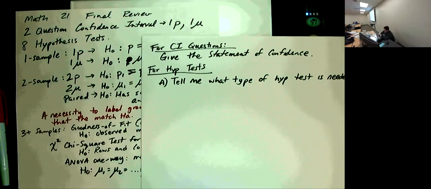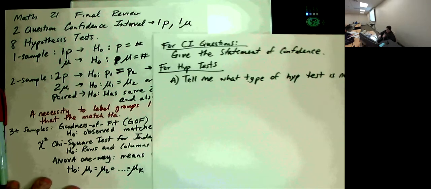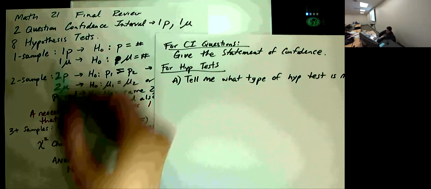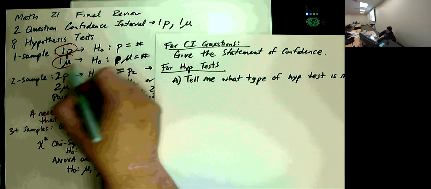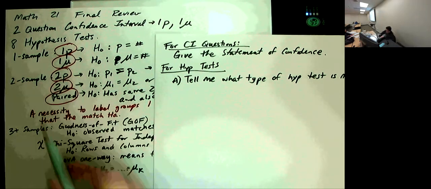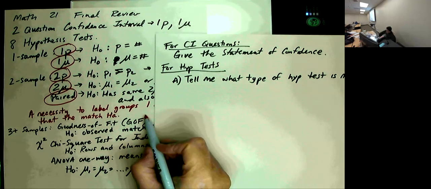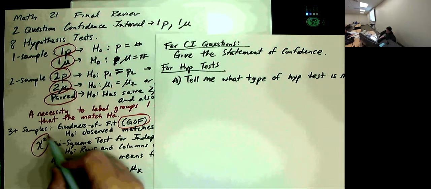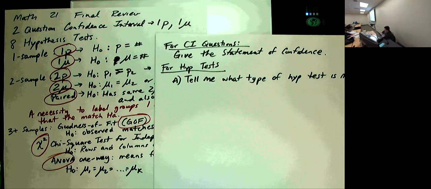I would recommend you use some abbreviations, and I will use them myself. You can say 1p, 1 mu, 2p, 2 mu, paired, GOF, chi-squared, and ANOVA. You don't need a full sentence, just write down the thing, circle it. And it'll show me, that way I know you know what test is used.